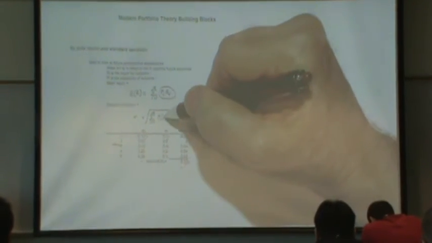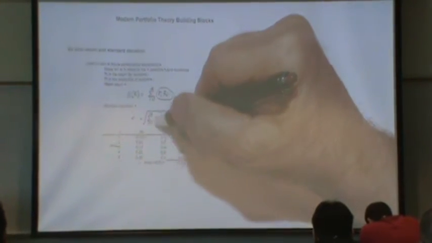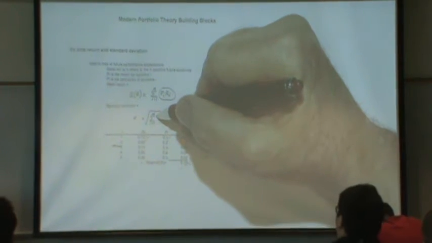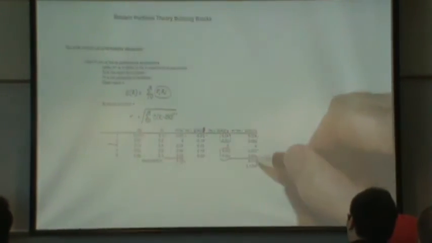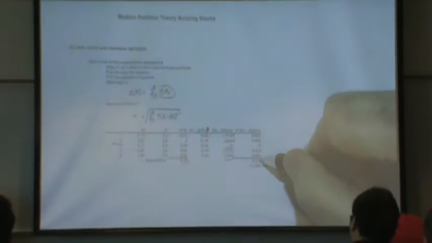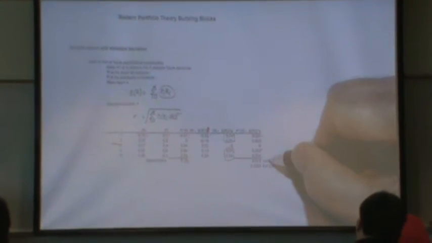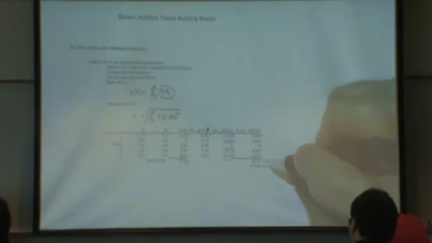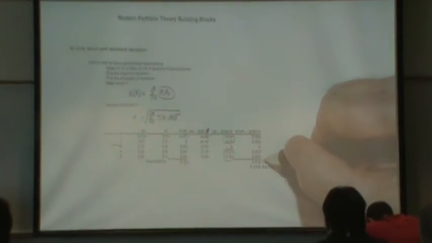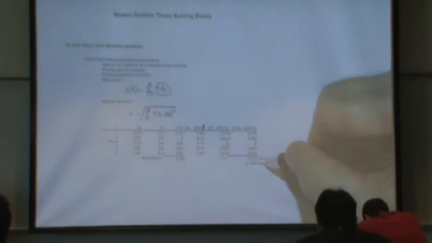And then this says, okay, now add them up. That's what the summation tells us to do. So we're going to add them up. And when we add them up, we have the variance. Now, when we take the square root of the variance, we get the standard deviation.